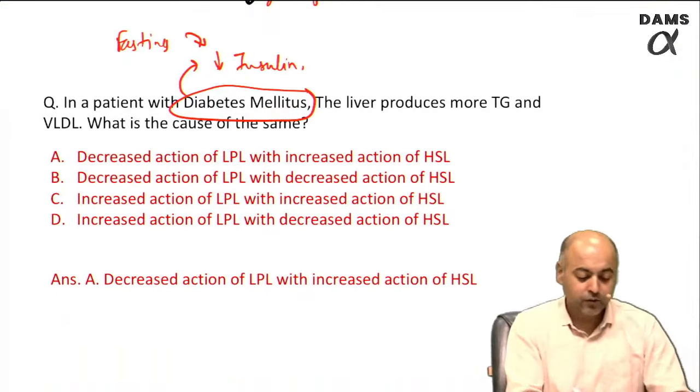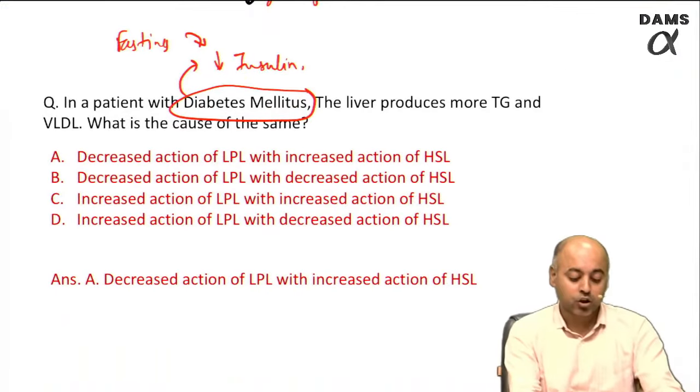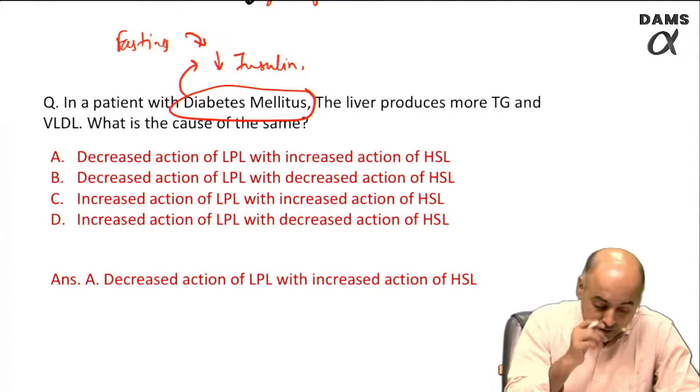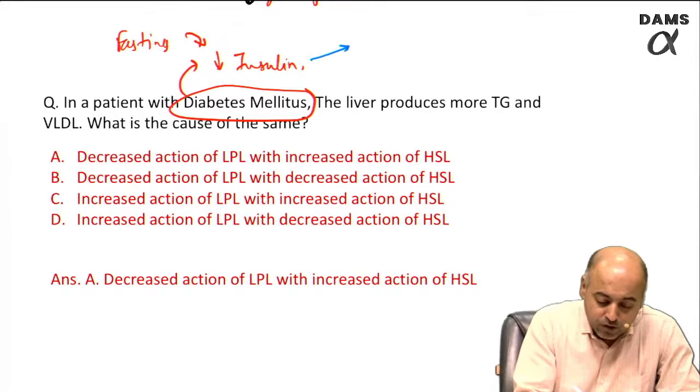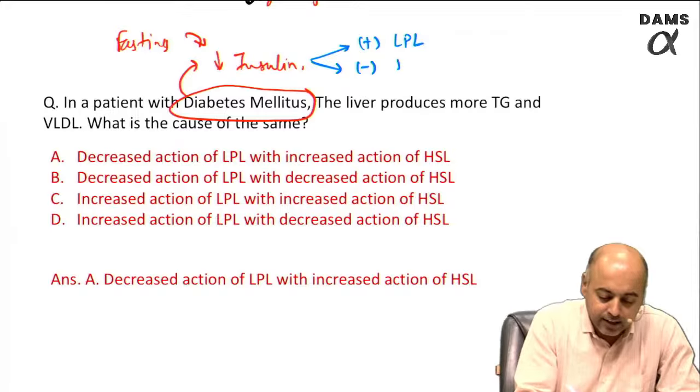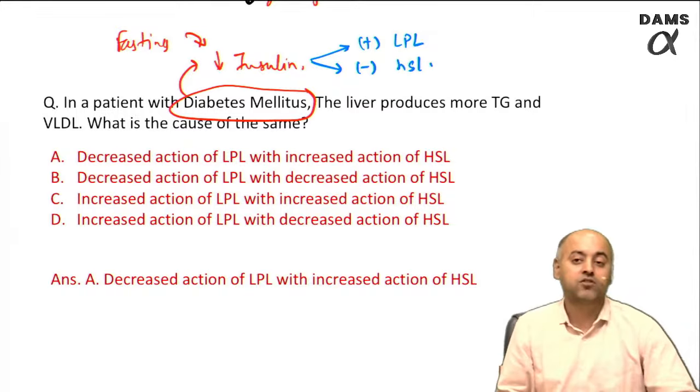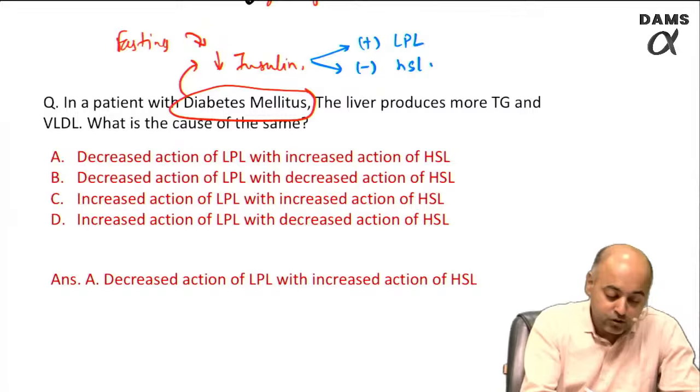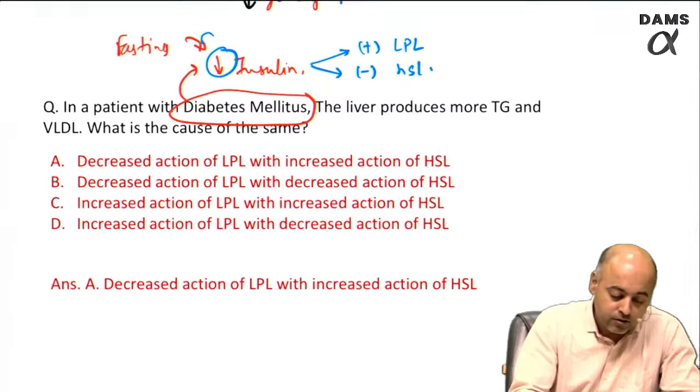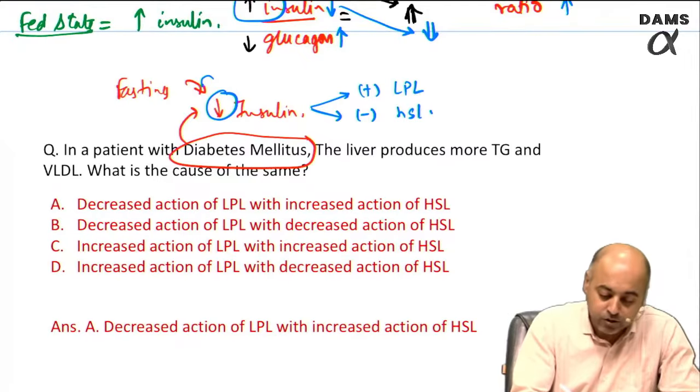Now we are dealing with a condition where insulin is low, right? Insulin has two important functions. It activates lipoprotein lipase and it inhibits the hormone sensitive lipase. So when insulin level falls, this will become opposite.